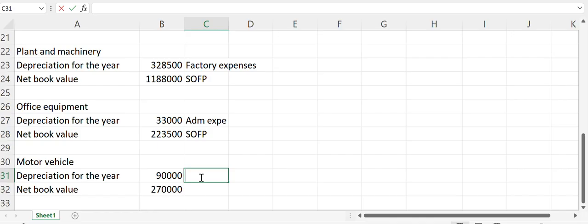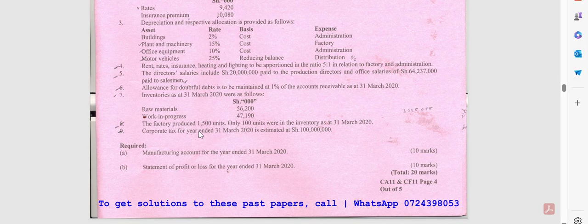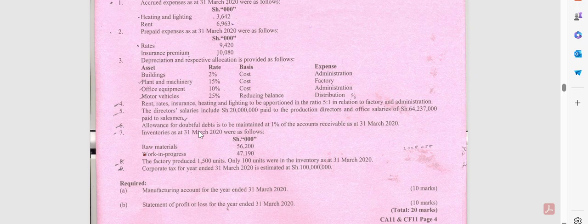So selling and distribution, SD, this one is going to be recorded, the net book value, in the statement of financial position. So at least we are done with additional information number 1, 2, 3. We're also done with 4, the basis for allocation. So let us go to additional information number 5.